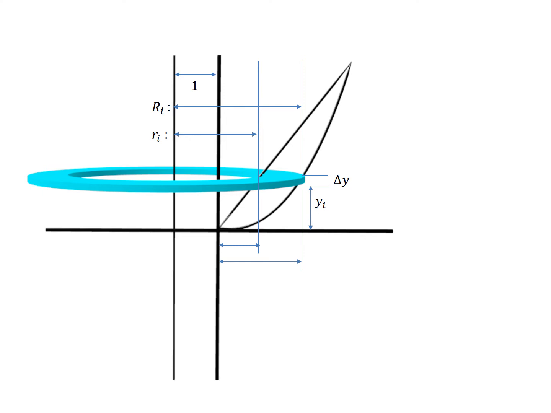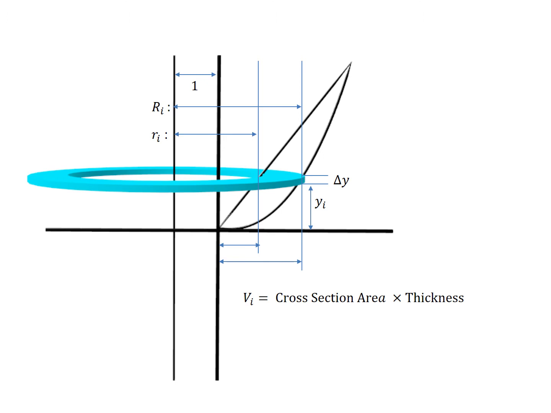Notice it's around the line x equals -1. What we want to do is figure out the volume of this washer as its cross-sectional area times its thickness.